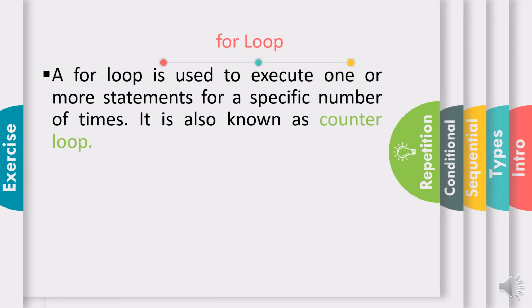A for loop is used to execute one or more statements for a specific number of times. It is known as a counter loop because we know in advance how many times we have to execute the loop.